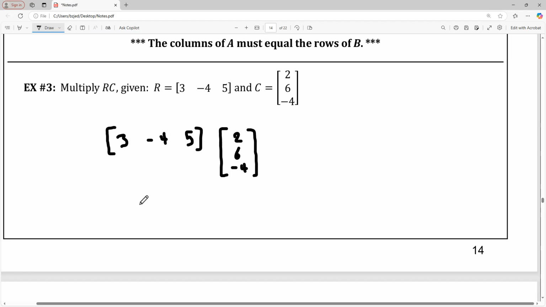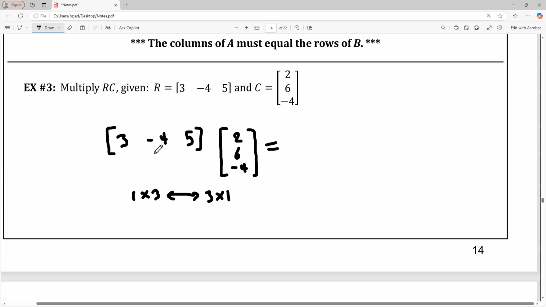This is one row by 3 columns, so this is a 1 by 3. This here is 3 rows by 1 column, so this is a 3 by 1. Since these two numbers match, I can multiply them. If the 3 there and the 3 there did not match, I would stop right there.